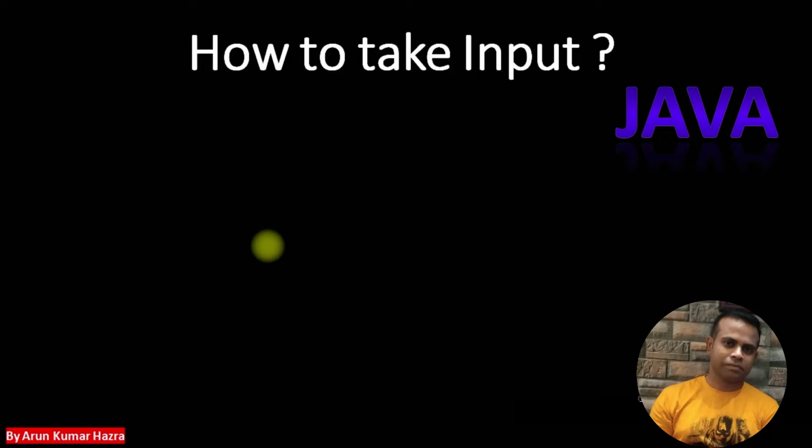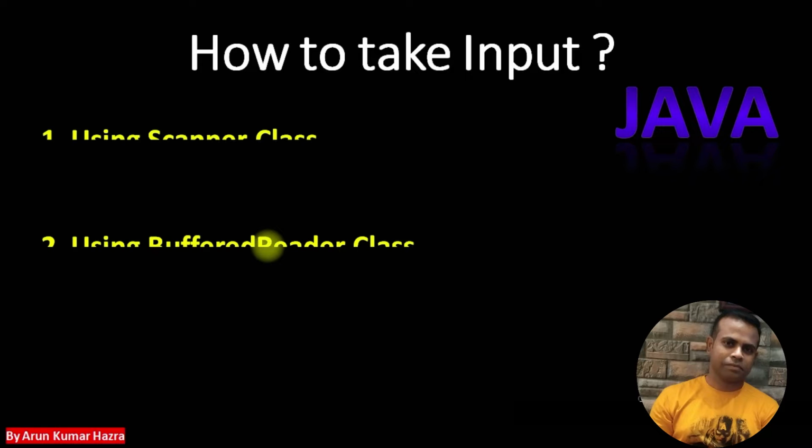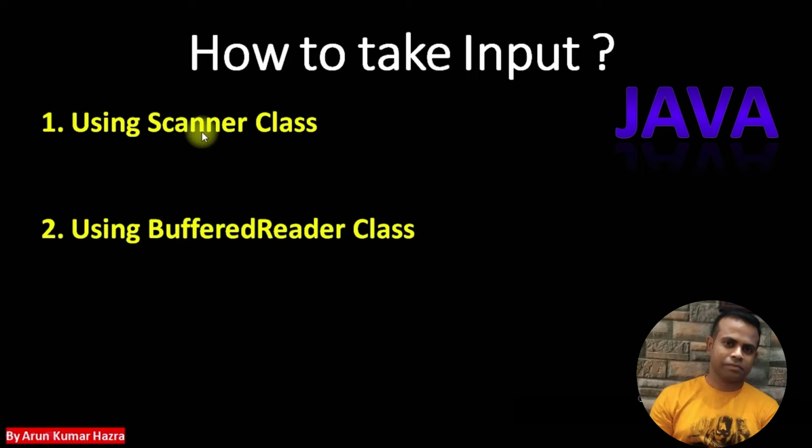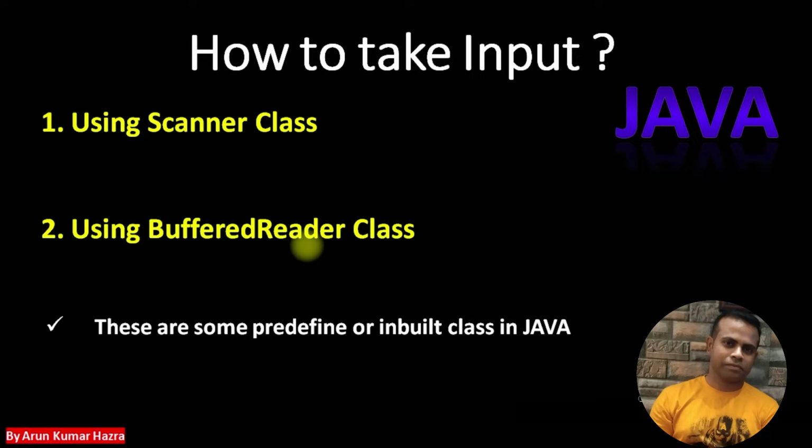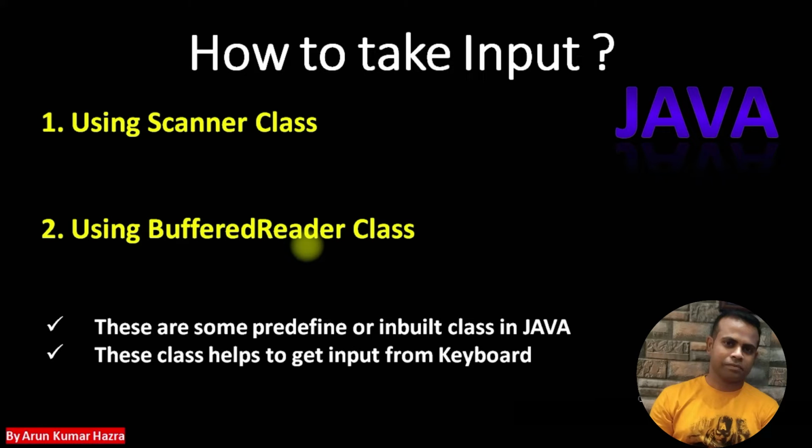In Java there are two ways to take the input. One is with the help of the Scanner class, and another is with the help of the BufferedReader class. These are two predefined, or inbuilt, classes in Java, so they are already available, and we have to use their methods or properties to take the input from the keyboard or from the user.